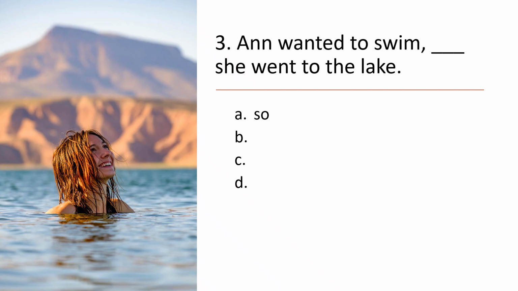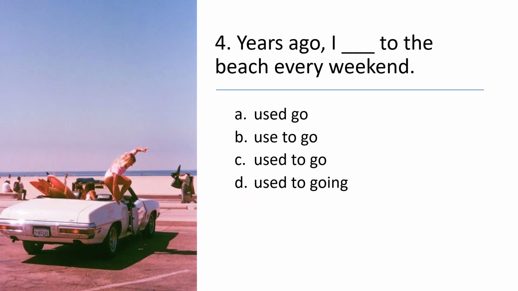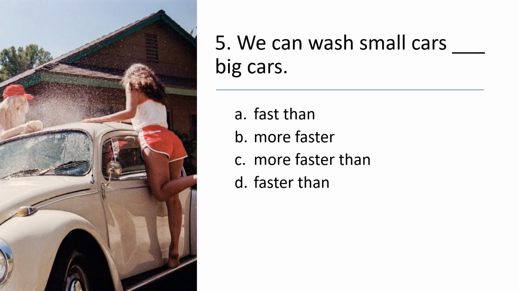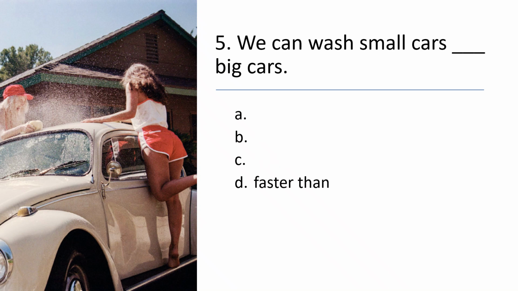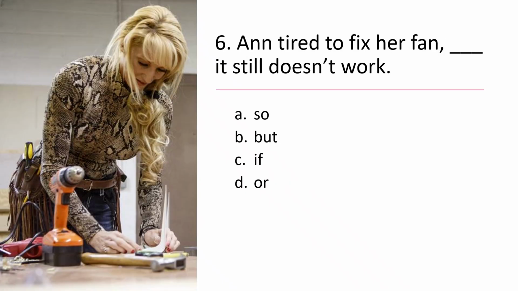Anne wanted to swim, so she went to the lake. Years ago, I used to go to the beach every weekend. We can wash small cars faster than big cars. Anne tried to fix her fan, but it still doesn't work.